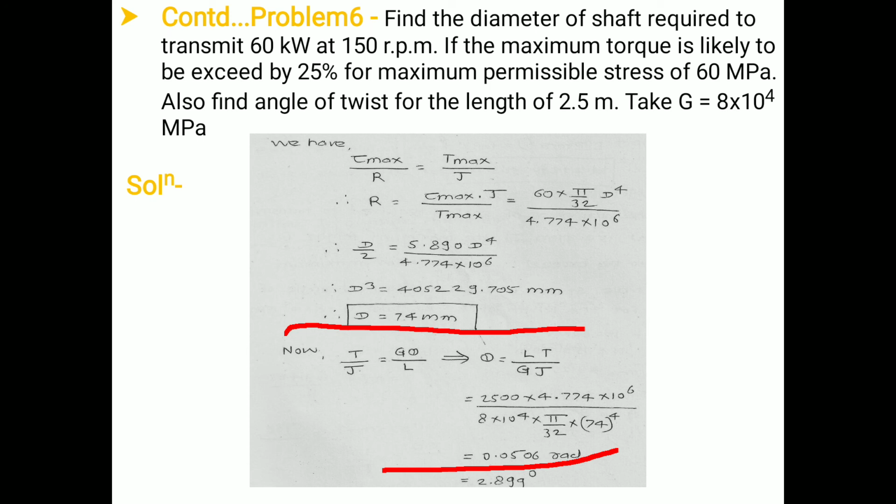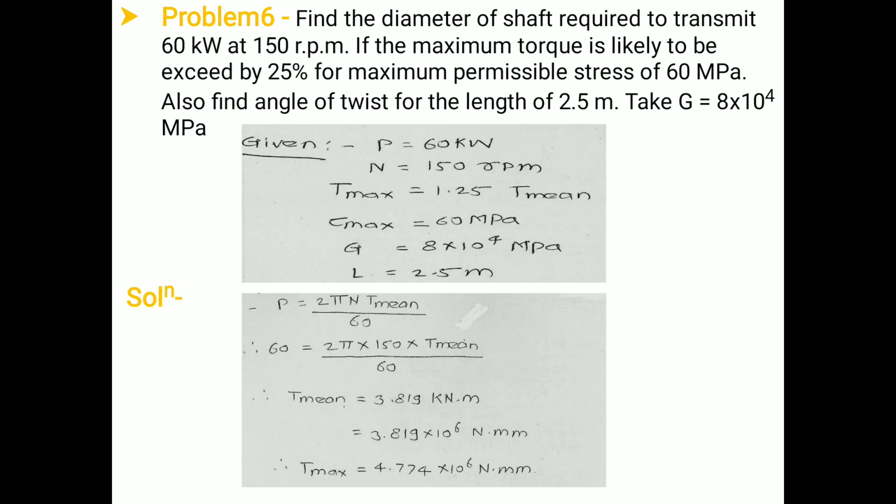To convert it into degrees, we multiply this value by 180 by pi. On multiplying it by 180 by pi, we have theta is equal to 2.899 degrees.